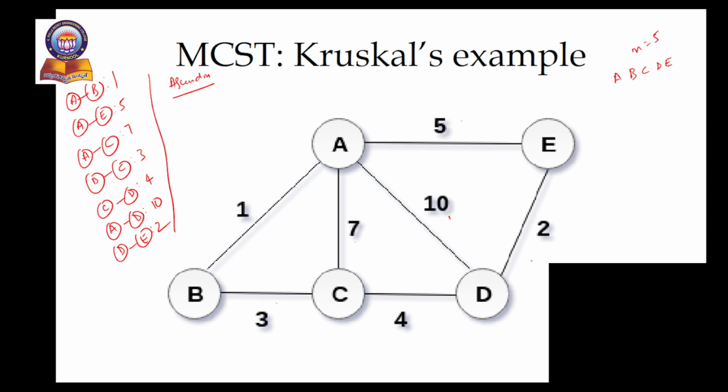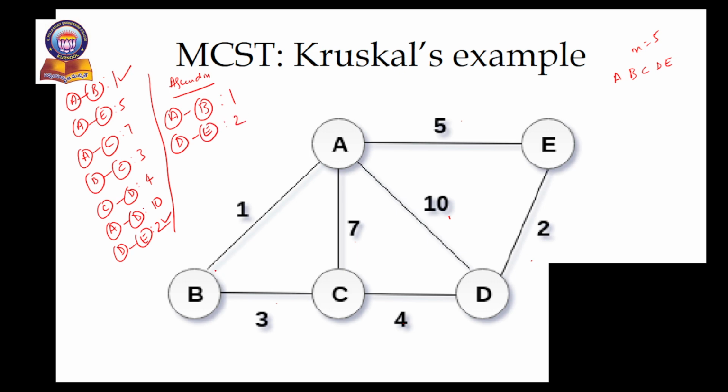Which is the minimum? The minimum is 1, A to B with the edge cost equal to 1. The next minimum edge cost is 2, D to E with the cost equal to 2.